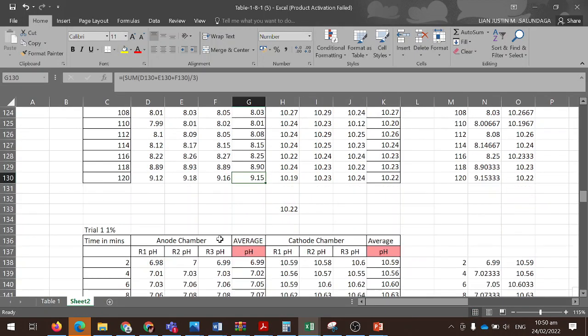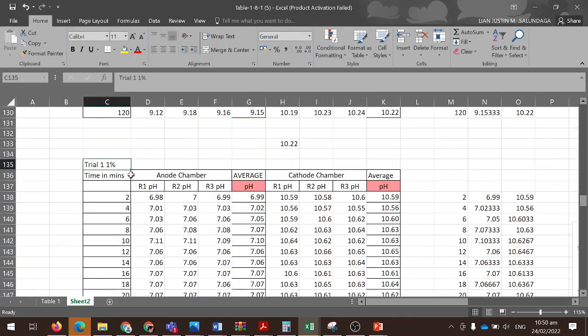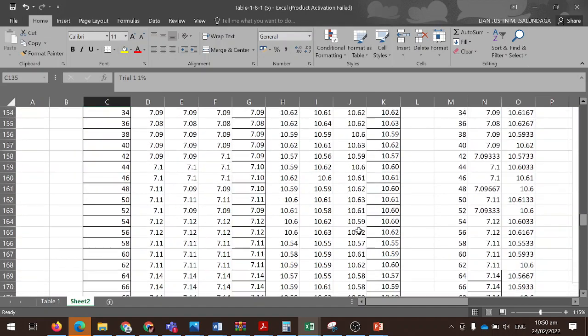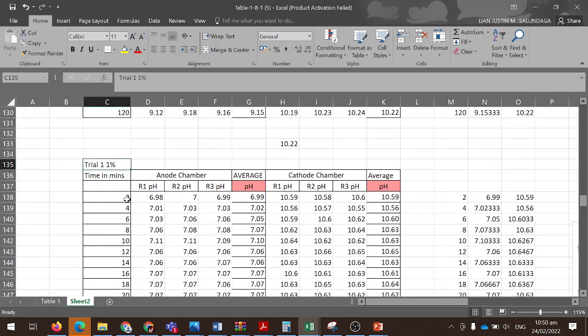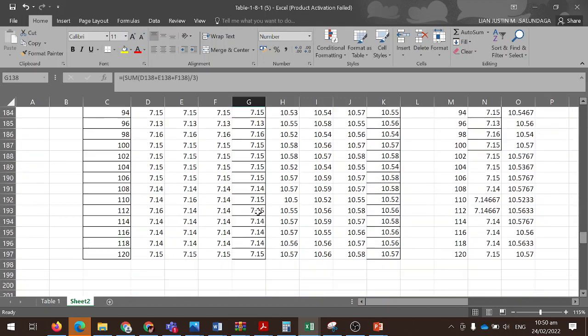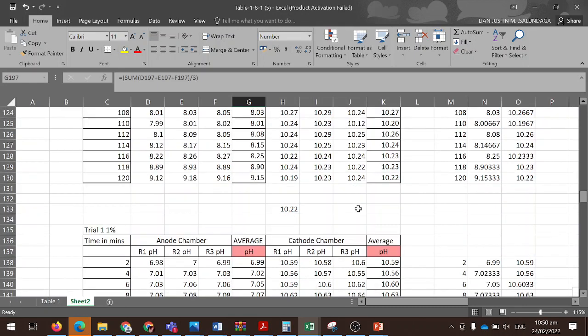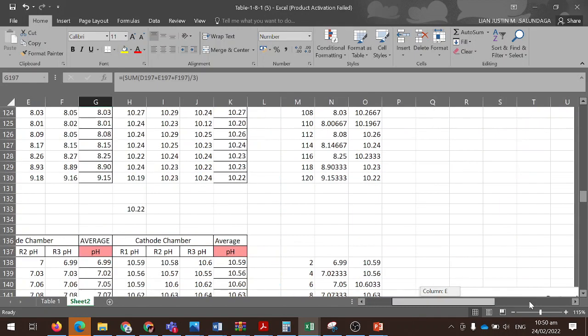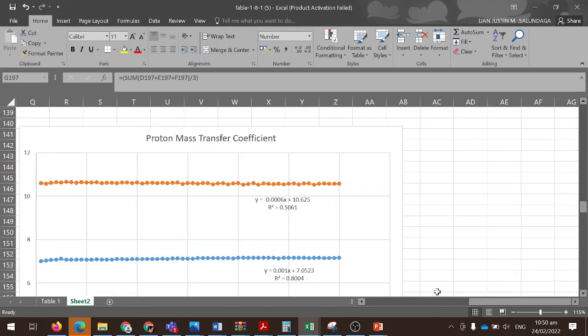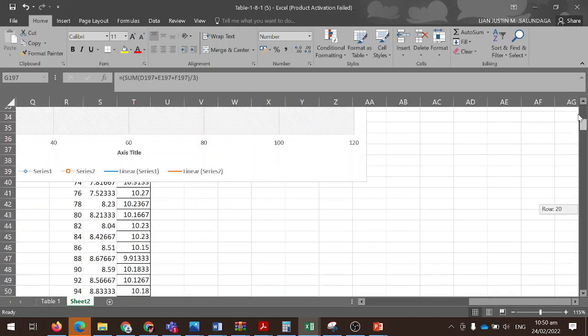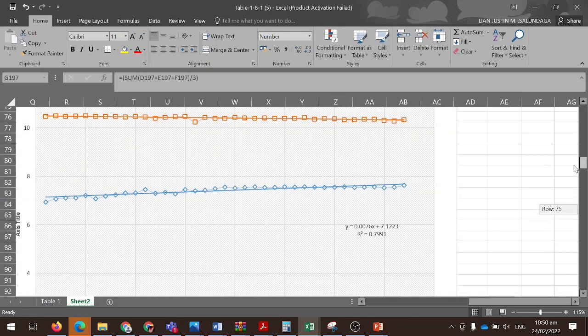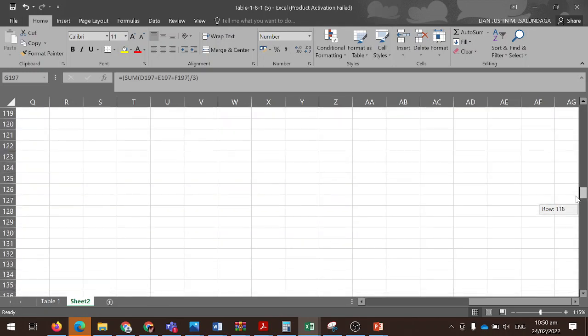And for the trial 1%, we didn't put this in the PPT because this is very large data. We measured 6.99, but the final pH after 120 minutes is just 7.15. However, if you look at the graph, it's just like a constant, no? So it is different from 2%, and it is also different from 5%.